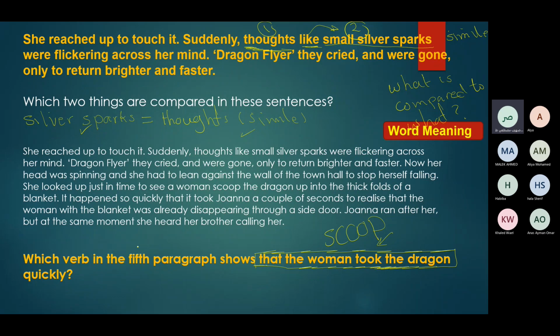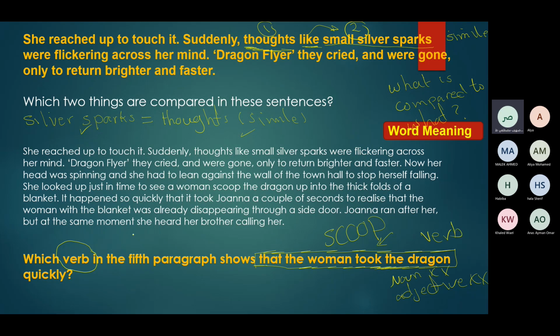So here, pay attention to the form of the question. The question asked you to do what? Find a verb. It means if you give me a noun, your answer is incorrect. If you give me an adjective, the answer is incorrect. I only need a verb.